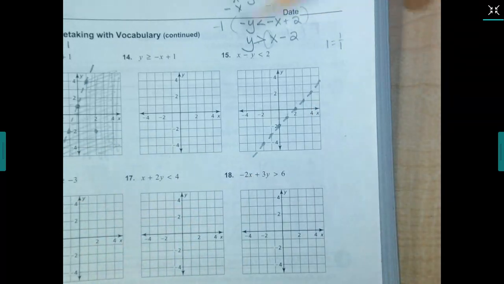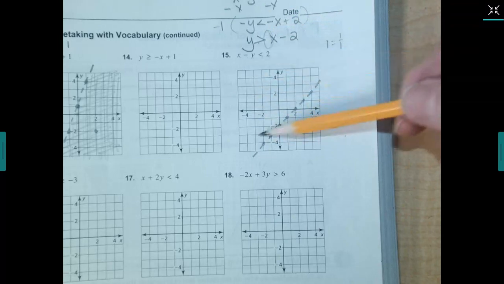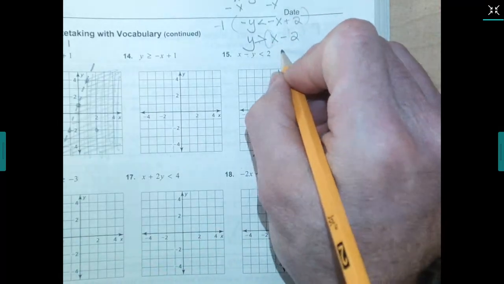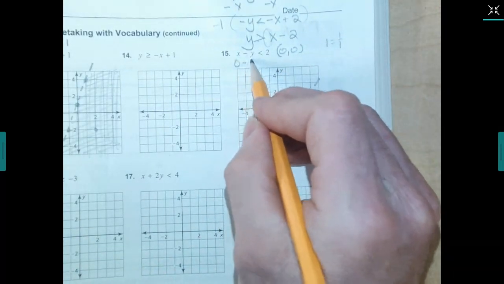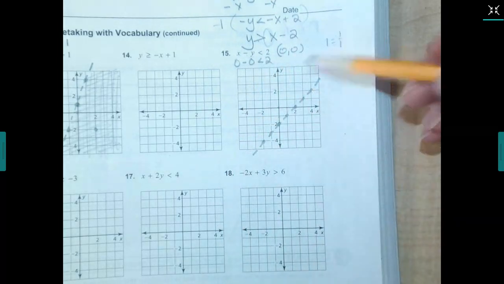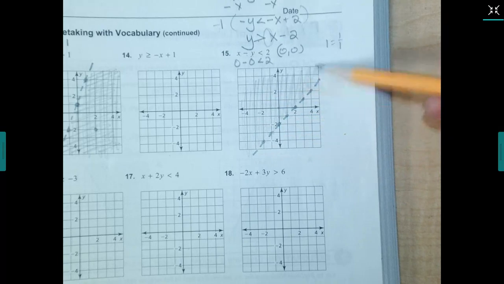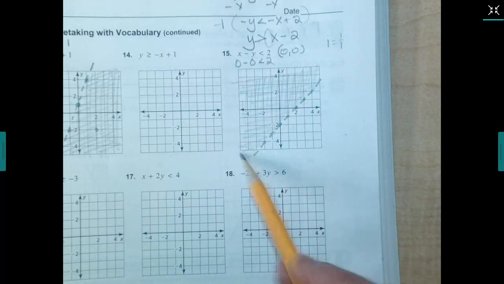Okay. Now it says y is greater than this, so I'm going to guess it's up here. So I'm going to plug in 0, 0. I'm going to test 0, 0. 0 minus 0 is less than 2. Nailed it. There it is.